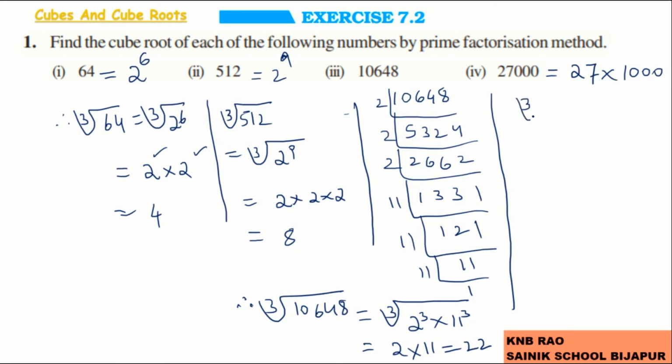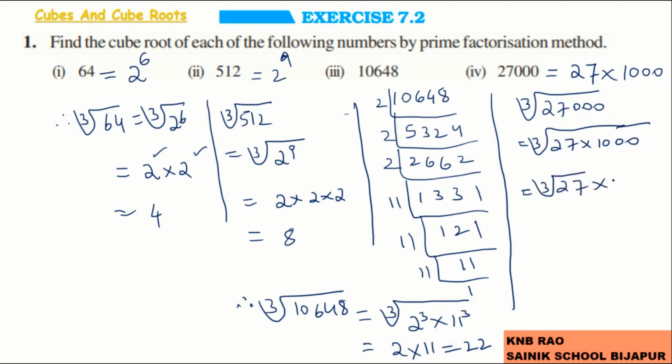So when you want to find the cube root of 27,000, which is nothing but the cube root of 27 into 1000, we can split this into the cube root of 27 into the cube root of 1000.